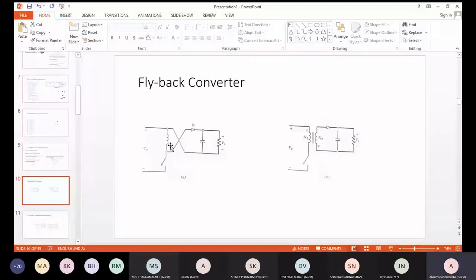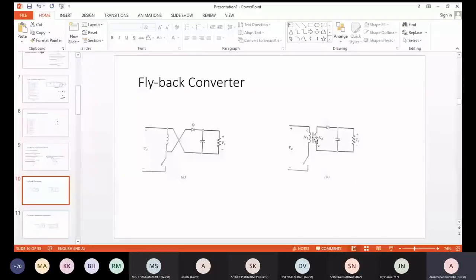Only one point that I want to highlight here: you can see that the dot polarities are opposite in nature. Why I want to bring your attention to this is that when we implement this in the TINA software, the way it has been implemented will be interesting to observe.